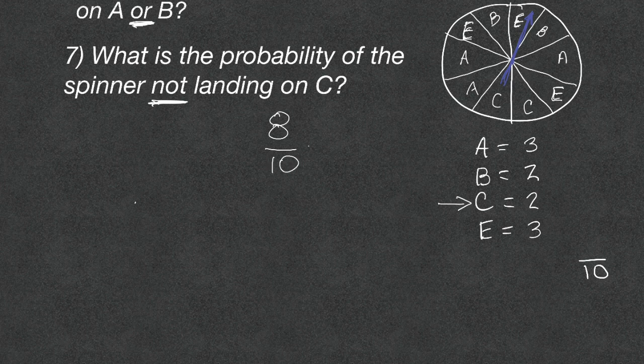And then we reduce that to a 4 to 5 chance, the probability of the spinner not landing on C. That's everything but that C. Okay, piece of cake. So you've got this.